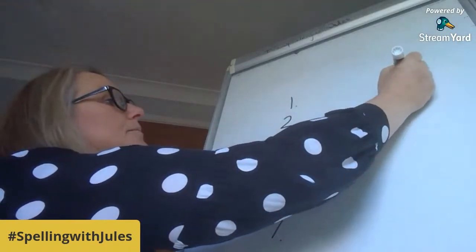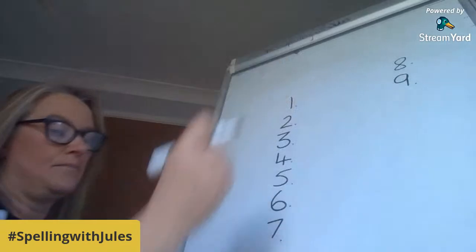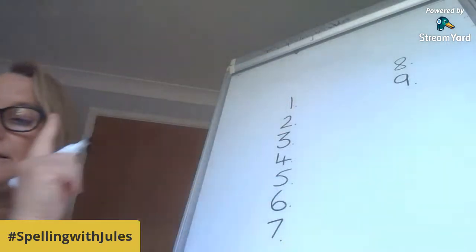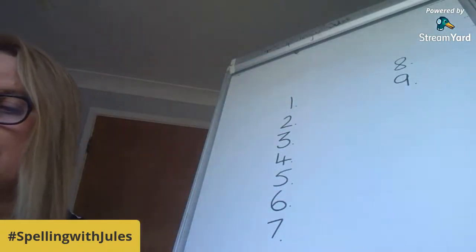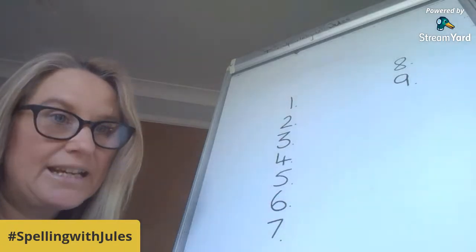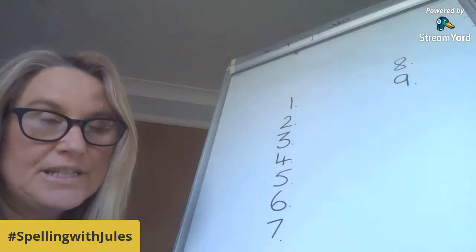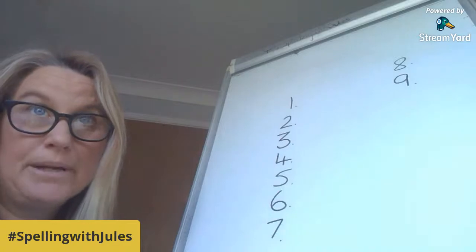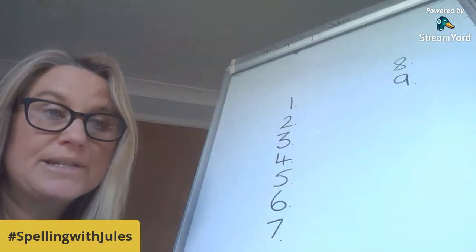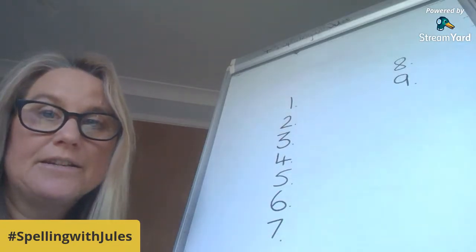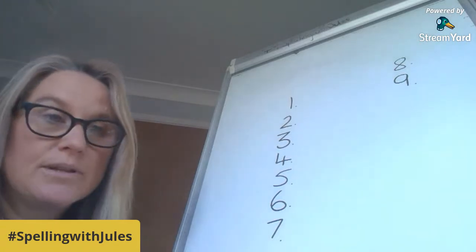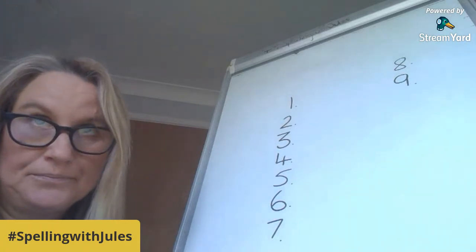Number 9 is the last of our numbers that we did, which was 16. 16 is a bit easier because 6 is spelt like the number 6 and then teen. So the teen goes with the number 16.